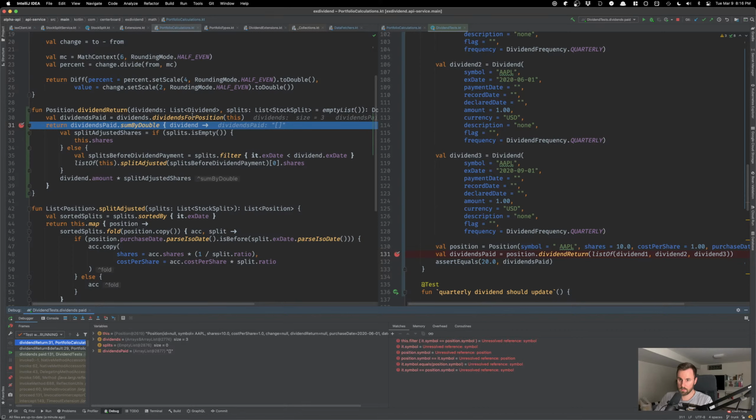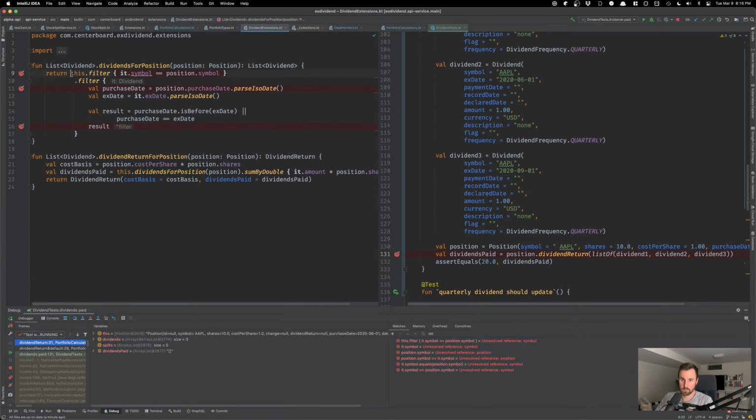What in the hell? If I do this, does it work?